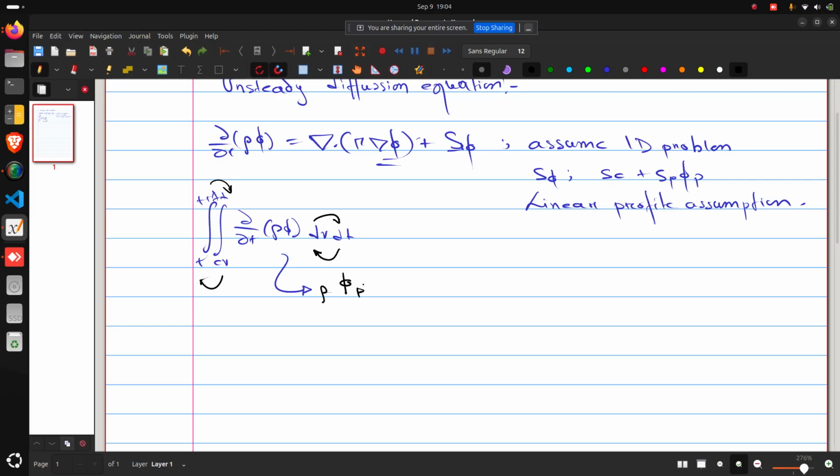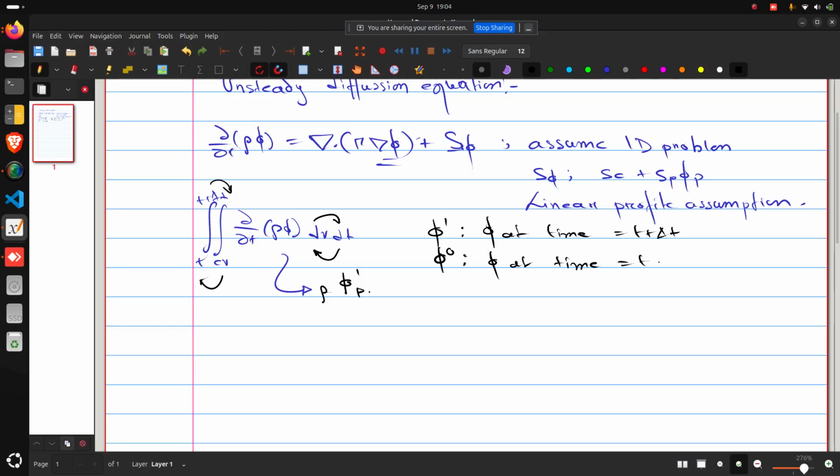So phi p 1 corresponds to phi at time t plus delta t, and phi p naught corresponds to phi at time t.